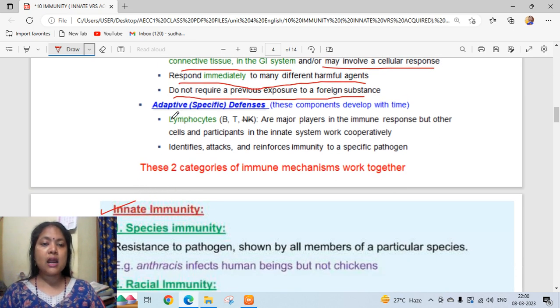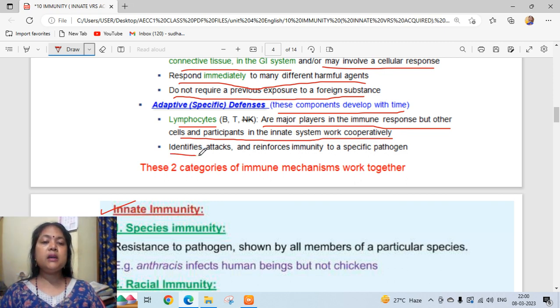Okay. So adaptive specific defenses are components that develop with time, which means we can say it is artificial immunity. As we know, we have different types of lymphocytes like B and T cells. They are the major players in the immune response, but other cells and participants in the innate system work cooperatively.